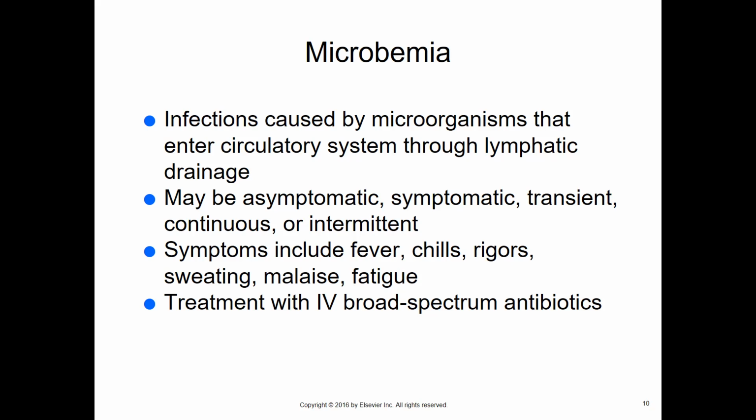It will depend on the number and type of microorganisms as far as those symptoms that we just discussed, and whether or not it's asymptomatic, symptomatic, transient, continuous, or intermittent. So again, the larger numbers of organisms, including pathogens, will produce more systemic signs and symptoms.